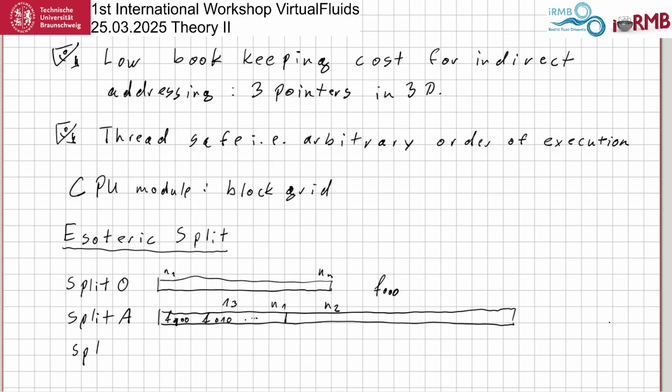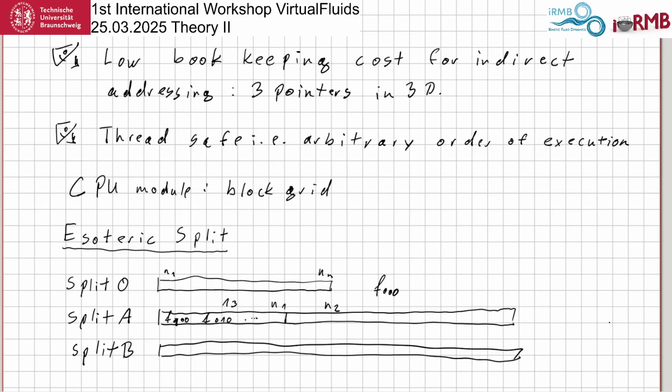And then there is a split B, which has the same ordering, just in the opposite direction. So here will be F minus 1,0,0, and F 0,minus 1,0, and 13 of these populations.